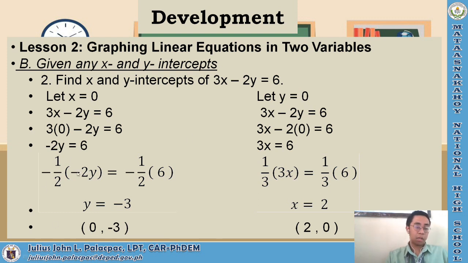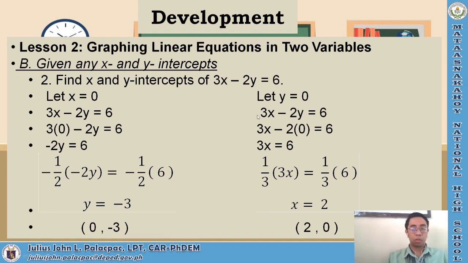So negative 2 times negative 1/2 will be positive 1, so 1y. So y is equal to 6 divided by negative 2, negative 3. So the y-intercept or the b is negative 3, and the point will be 0, negative 3. So this is the y-intercept.